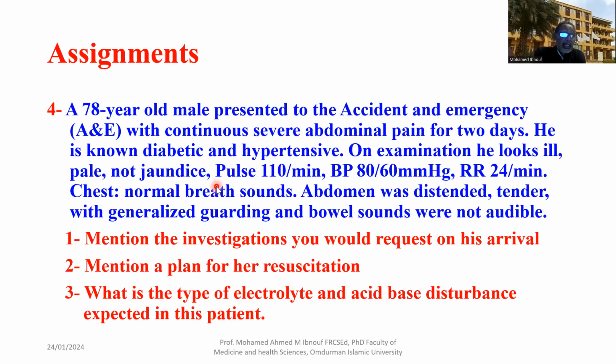And the last question is, a 78-year-old male presented to the accident and emergency A&E with continuous severe abdominal pain for 2 days. He is a known diabetic and hypertensive. On examination, he looks ill, pale, not jaundiced. His pulse was high, 110 beats per minute, blood pressure low, 80/60 millimeters of mercury, respiratory rate 24 breaths per minute.